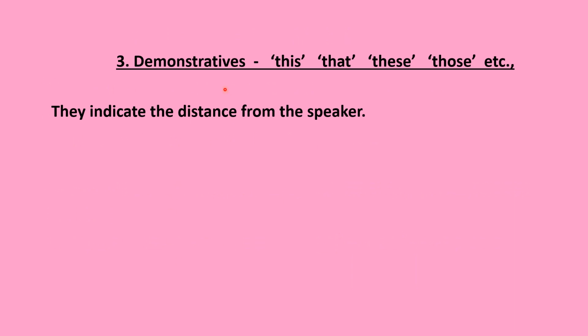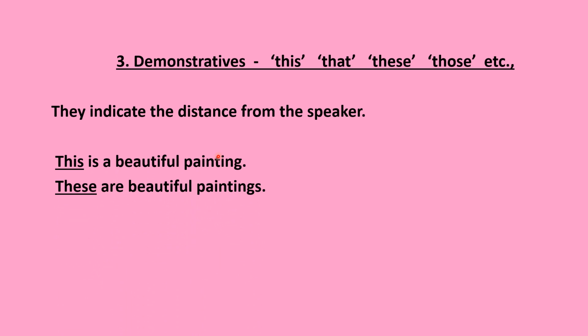The third determiners are demonstratives. This, that, these, and those. They indicate the distance from the speaker, how far they are or how near the nouns are to the speaker. That is indicated with these demonstratives. Example, this is a beautiful painting. These are beautiful paintings. So singular and plural. This and these tell us the nearness of the nouns.